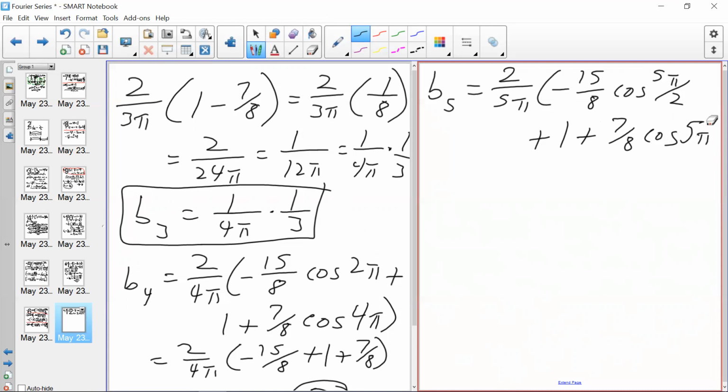And that becomes 2 over 5 pi. Remember that odd multiples of pi over 2 are 0. So 1 minus 7/8. So it goes away.